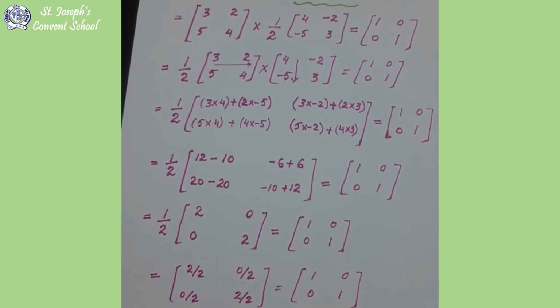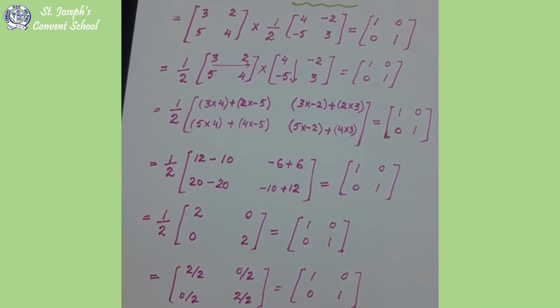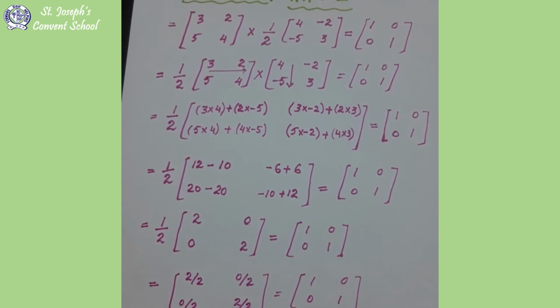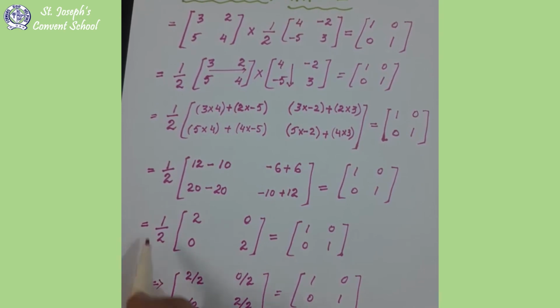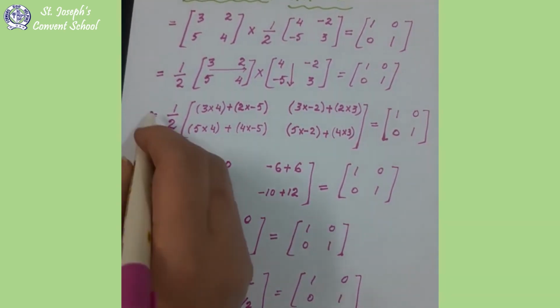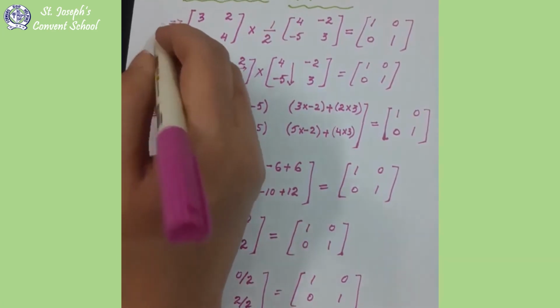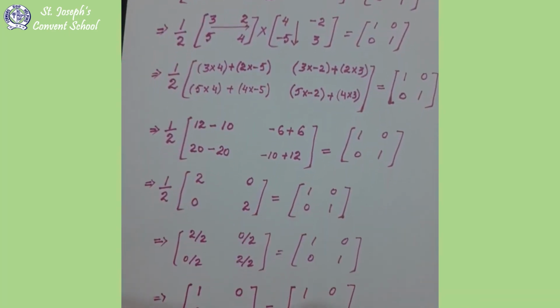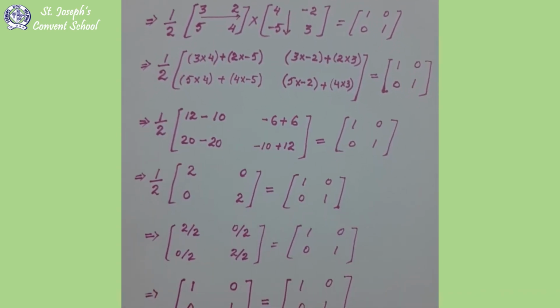So after dividing, you'll get 2 by 2 is 1, 0 divided by anything is 0, same here, 0, 1, and this equals 1, 0, 0, 1. You can see that these two matrices are equal. So two matrices are equal, it means that your answer is verified. Okay, so answer is verified.